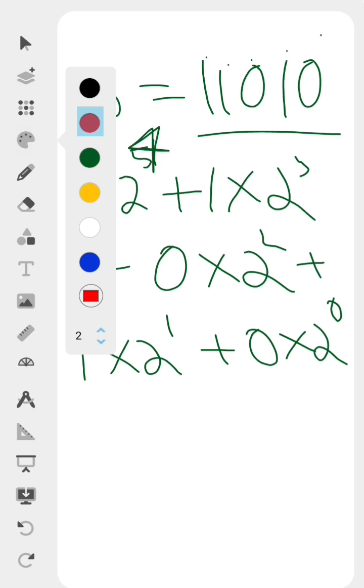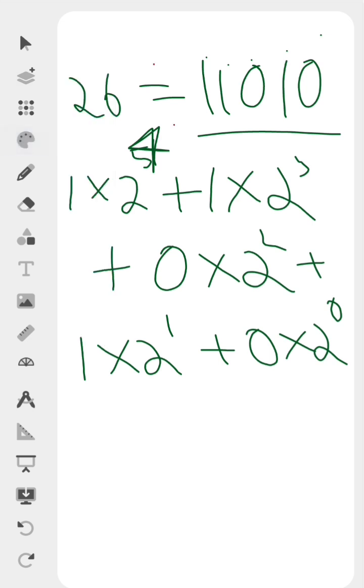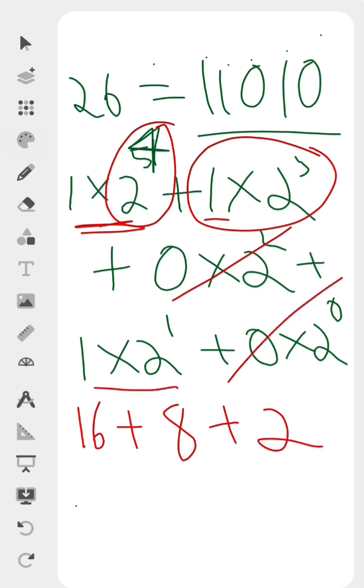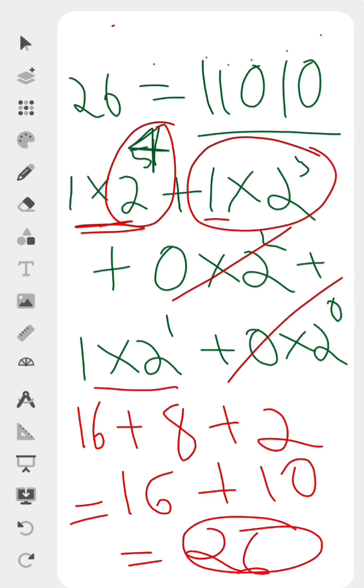Okay, so the numbers that I require are 2 to the power 4 because it is multiplied by 1, and it is 16, plus again 1, that is 8. This is 0, so this will be cancelled, then 2, and this is again 0. So this is 16 plus 10, that is 26.